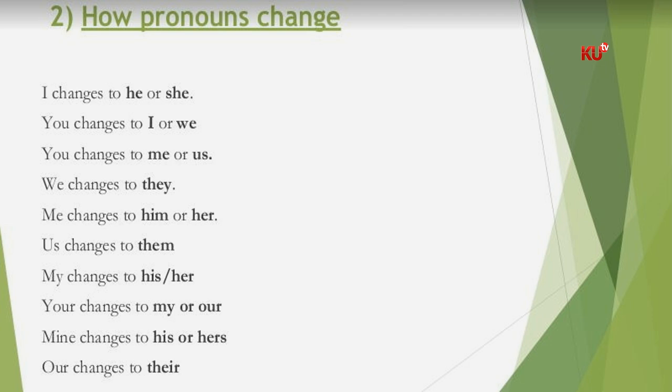Next is my. My is another pronoun. For example, this is my vehicle. When somebody reports that statement, or writes that statement from direct to indirect speech, my changes to his if it is male or masculine, and changes to her if the person is referring to a female person.